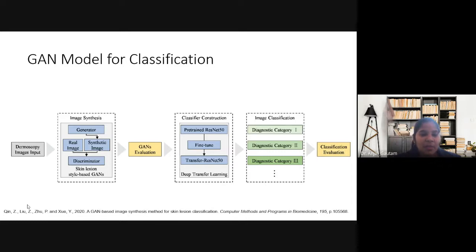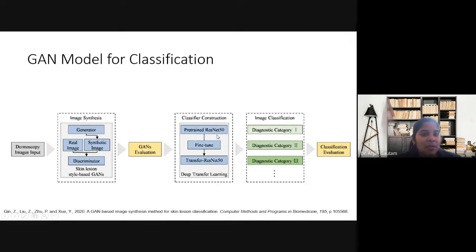In this case, you continue to generate synthetic images until you have images which look like your real images. Once that is done, you can give those images, the training images along with the synthetic images, to the classifier, your next model.